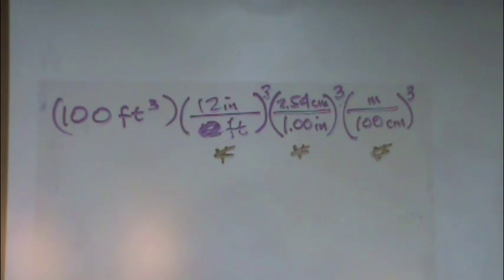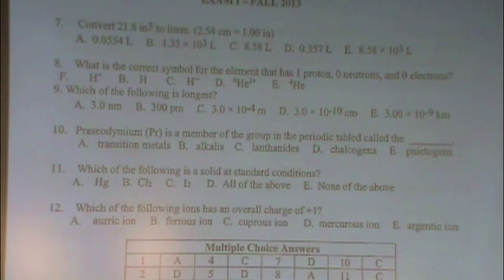Page 20. What number? 12. This one right here. Okay. C. Cuprous ion has what charge, everybody? +1. I'm feeling good vibes on that one. Mercurous.